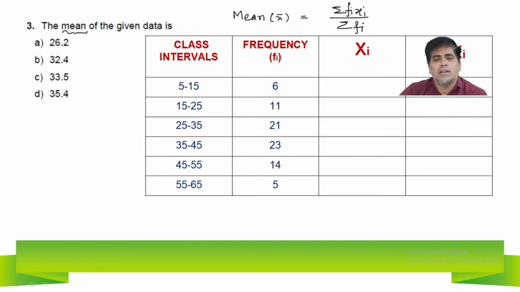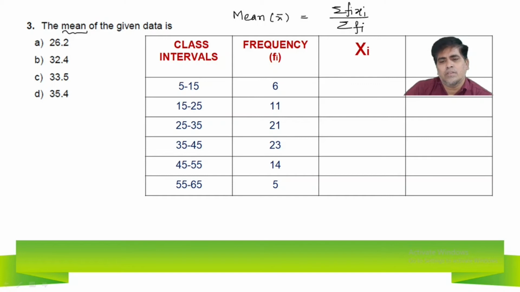That is nothing but sigma fi xi by sigma fi. This will give the answer to you. Based on direct method we can calculate easily, and we can have different methods also, but I'm using here direct method. So let us see this one.